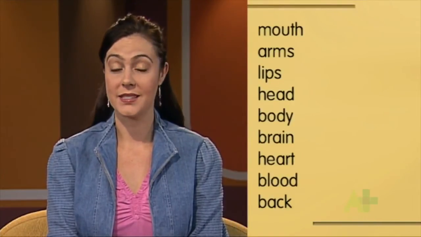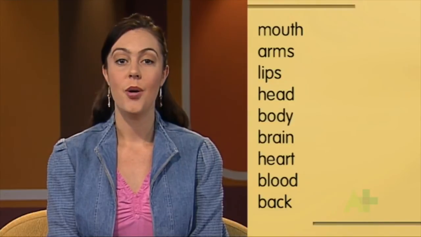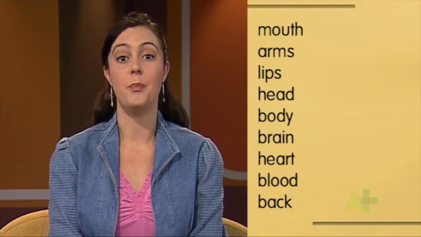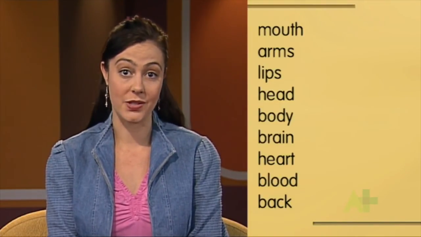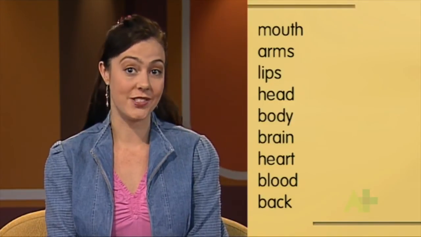He uses the words mouth, arms, lips, head, body, brain, heart, blood, and back. These all refer to parts of the body that you might want to describe, so it's important to know them. The easiest way to remember large families of words like these is to have a system.